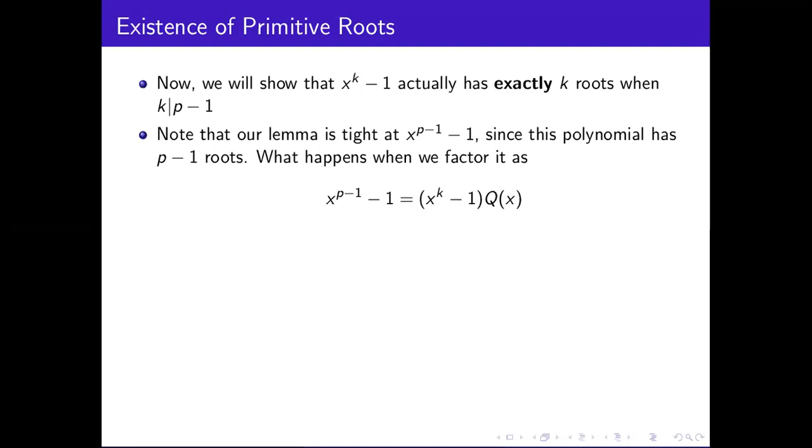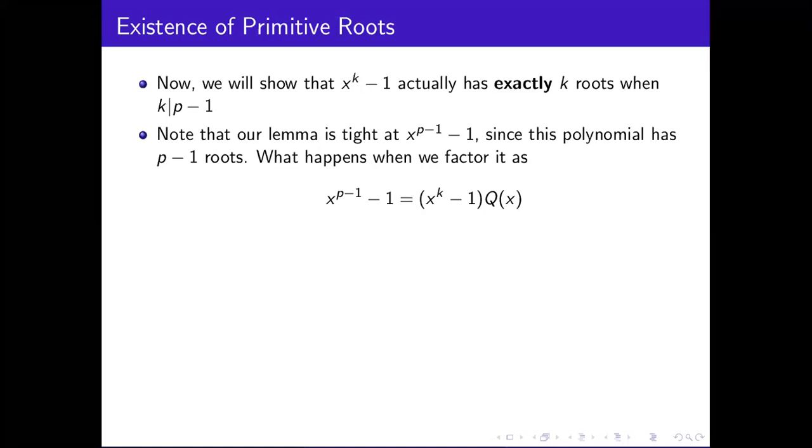Since k divides p minus 1, we can factor x to the p minus 1, minus 1 as (x to the k minus 1) times Q(x). Now how many roots does the right-hand side have? Yep, the left-hand side has p minus 1 roots, so of course the right-hand side also has p minus 1 roots.